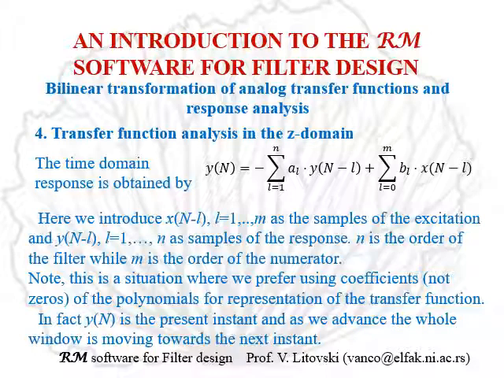What is interesting here, this is the only situation where we recommend using the coefficients of the transfer function, which are a and b here, not the zeros and poles, for calculation.